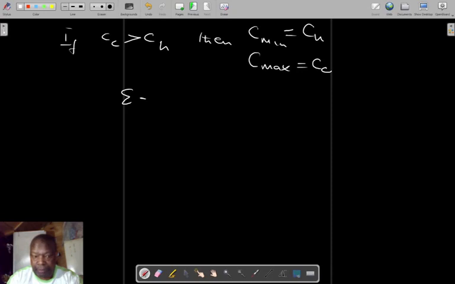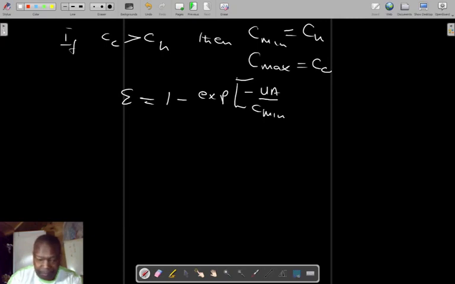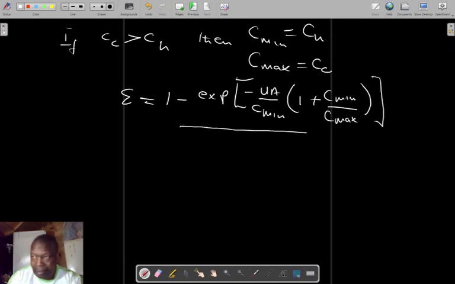And our epsilon for that case will be 1 minus exponential of -UA over C minimum (1 + C minimum divided by C maximum), all over 1 + C minimum over C maximum.